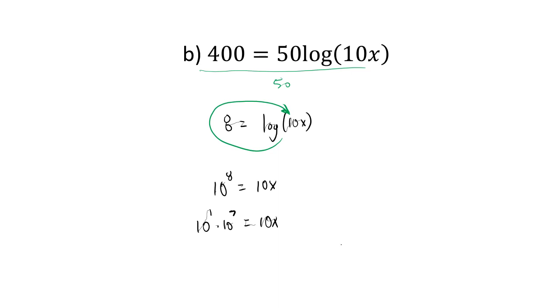If we divide all of this by 10, this 10 and this 10 would cancel. So what we would get then is that x is equal to 10 to the 7th power, or whatever that is, 10 million.